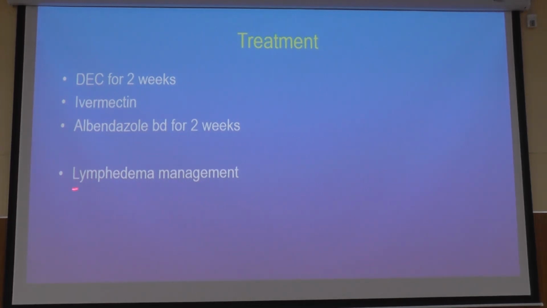And the second thing you have to do is for lymphedema. What do you think will be the possible treatment for lymphedema? Any edema, how will you treat? Diuretics. But this edema will not go because it is not fluid overload due to increased hydrostatic pressure. This is because of a local increase in oncotic pressure. So diuretics will not work. Anything you do for edema, one more thing is limb elevation. Whichever area is possible, you try to elevate, but that still may not be good enough.